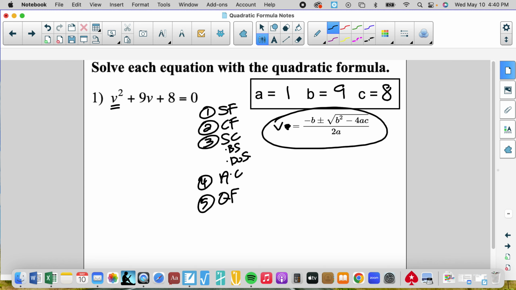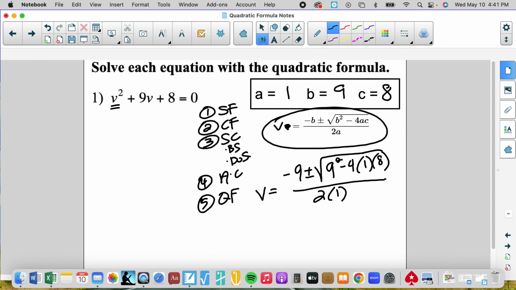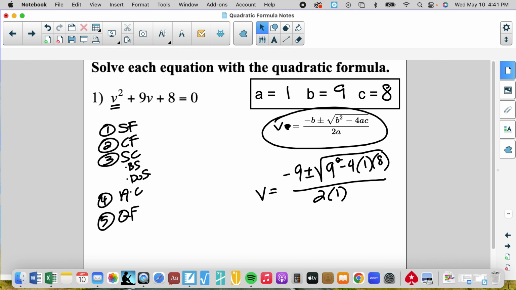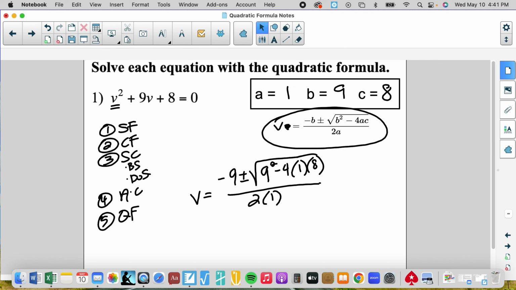So it says v equals the opposite of b plus or minus the square root of b squared minus 4 times a times c all over 2 times my a value. We're okay with this? I'm going to move all this over to here, and I'm going to move this over, and we're going to start simplifying.